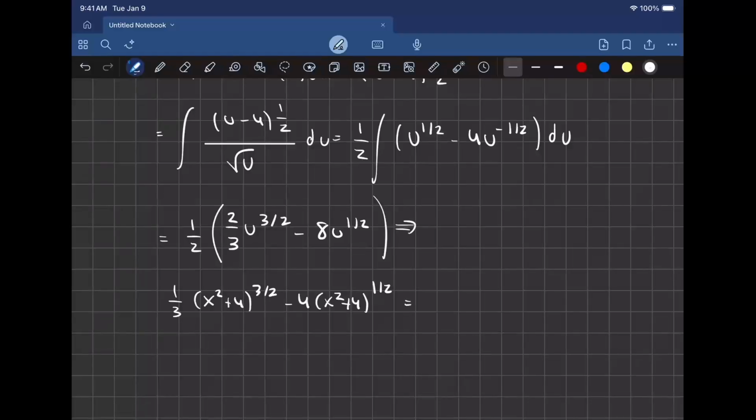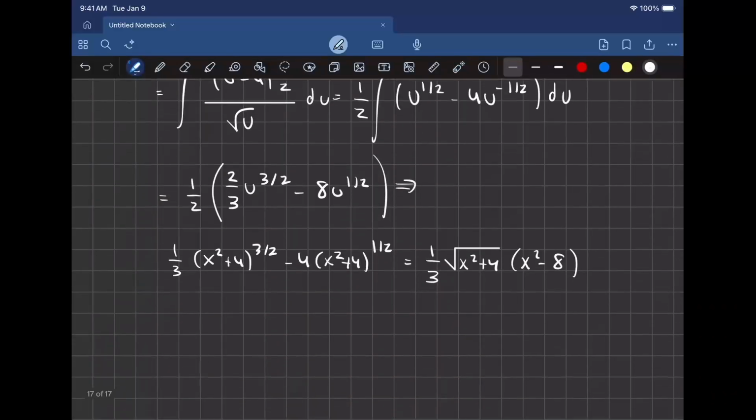We can simplify this a little bit. So 1/3 times the square root of x squared plus 4, and then we'd have 4 times 2, so an x squared minus 8 out here. But, of course, these are equivalent.